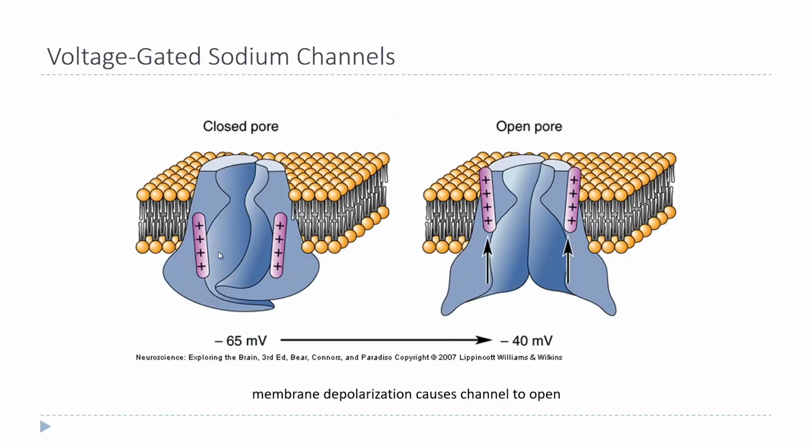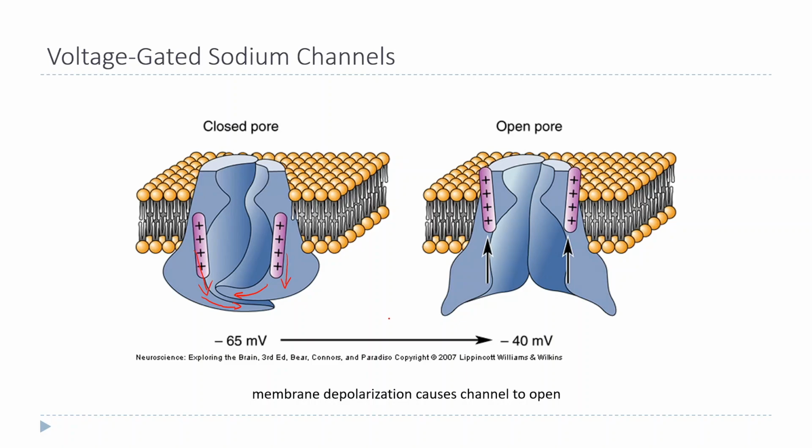So at, say, -65, for example, the negative charge inside the cell pulls these amino acids down. And what that does is it causes this part of the protein, the gated part, to be shaped like this in such a way that basically the channel is closed.